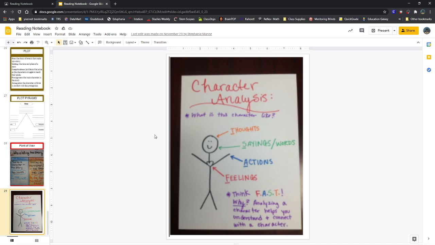One thing that we need to remember about character traits is that sometimes people confuse character traits with just description or adjective. Well, you might like this, but it's not the same thing I'm talking about.